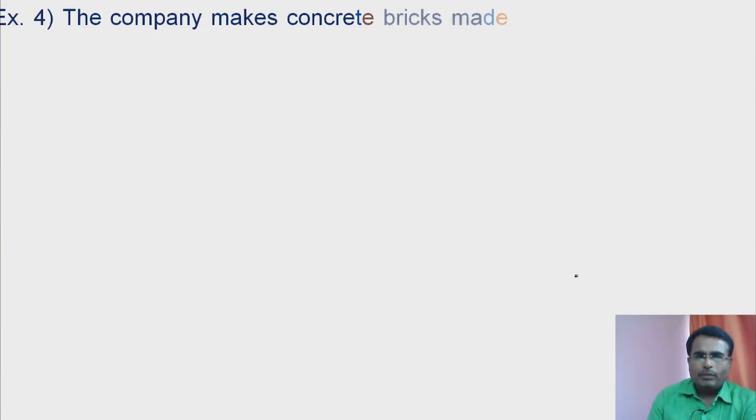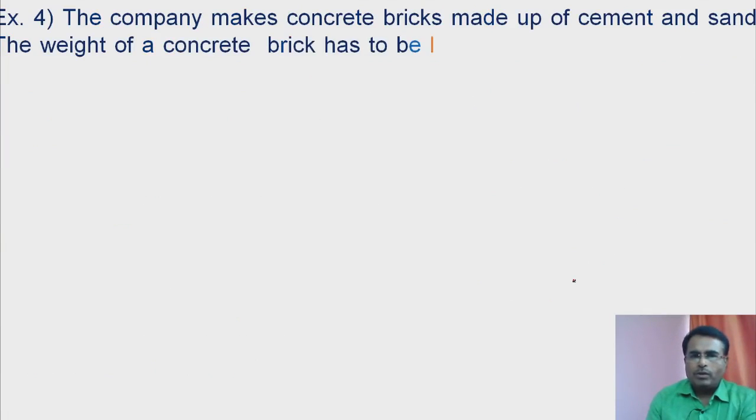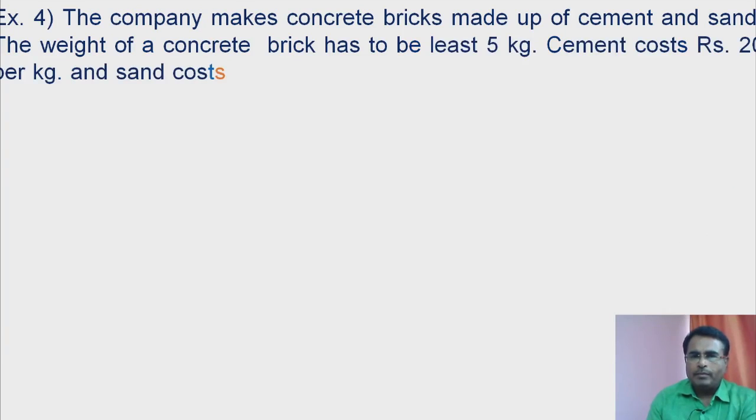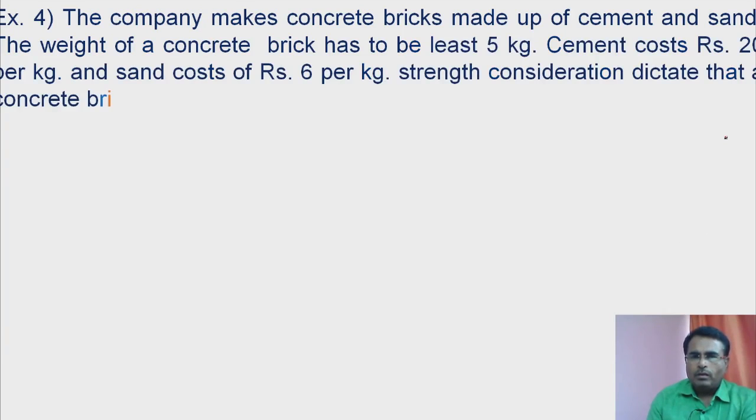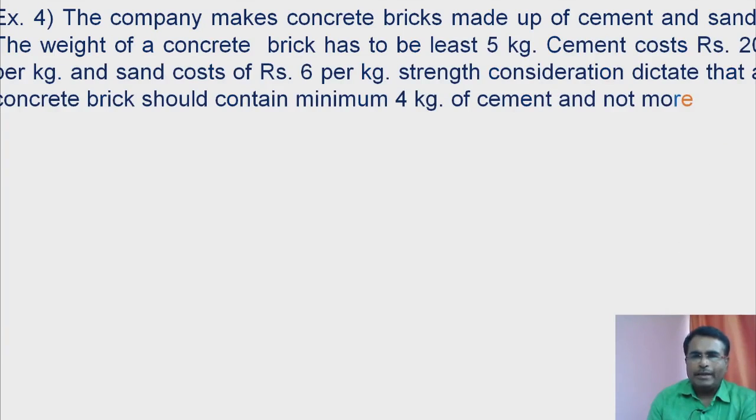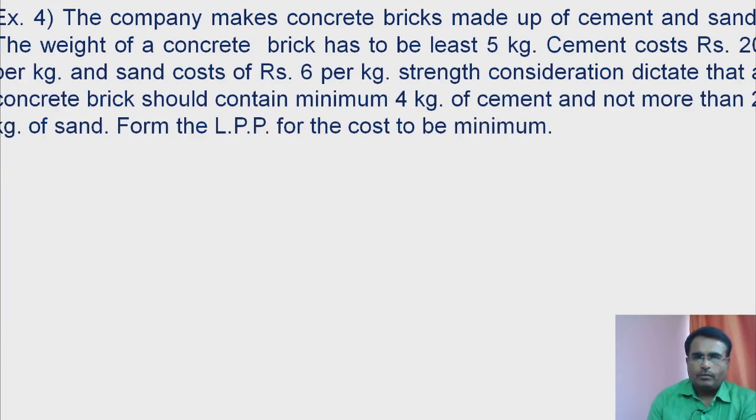Next, example 4. A company makes concrete bricks and they are made up of cement and sand. Let us see what is the problem. The weight of a concrete brick has to be at least 5.